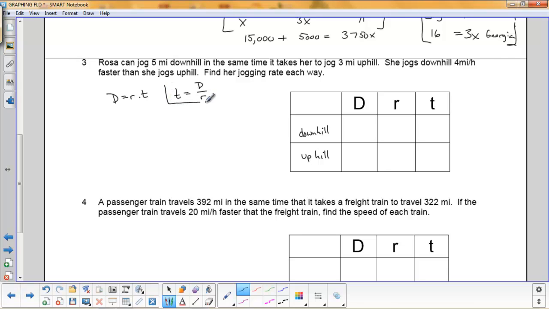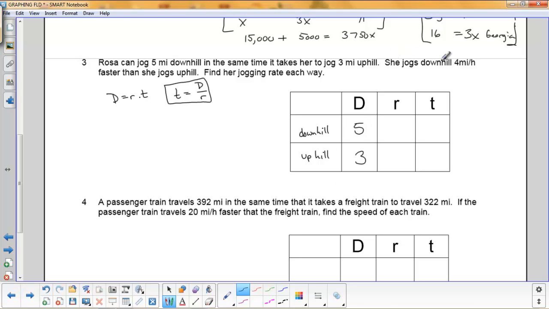And this is where our ratio is coming in, because each time we're looking for her rate, or her time, or her distance. So in this case, we've just got to fill in the parts that we know. She can jog 5 miles downhill, that's the distance. In the same time it takes her to jog 3 miles uphill, that's again distance. Notice we separate them inside the table.